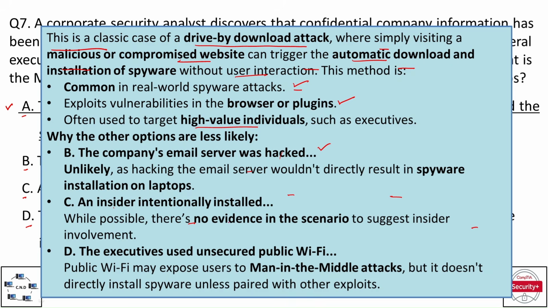While possible, there is no evidence in the scenario to suggest insider involvement. And option D, the executives used unsecured public Wi-Fi. Public Wi-Fi may expose users to man-in-the-middle attacks, but it does not directly install spyware unless paired with other exploits.